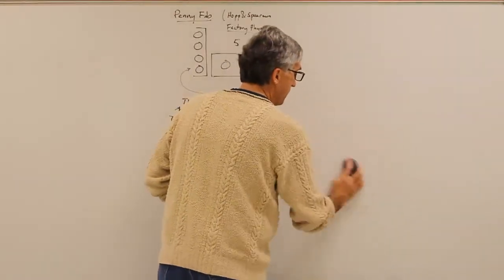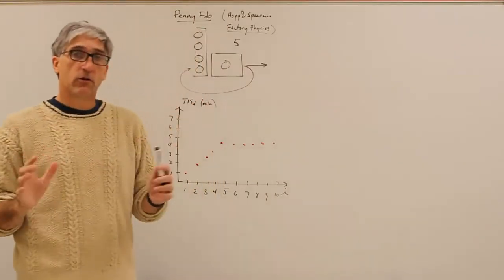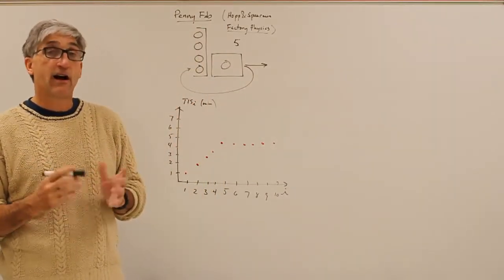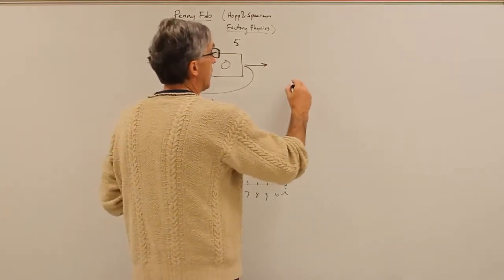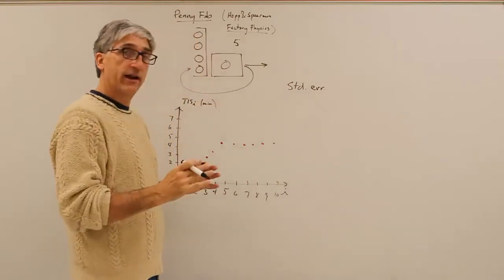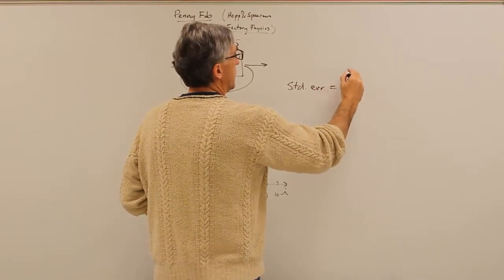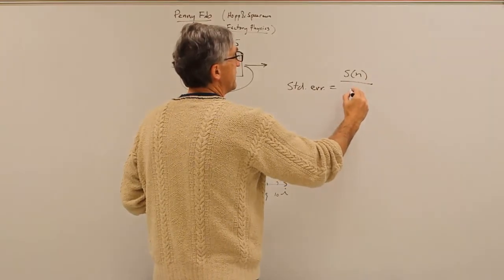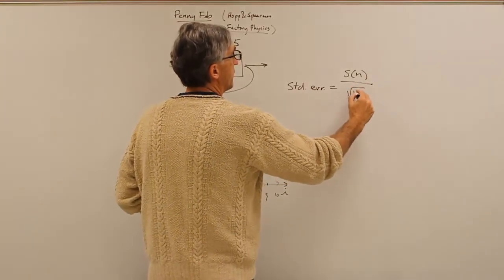Where that becomes important is when we incorporate that into our confidence interval. If you recall, we have something called the standard error, and our standard error from sampling is equal to the sample standard deviation divided by the square root of n.